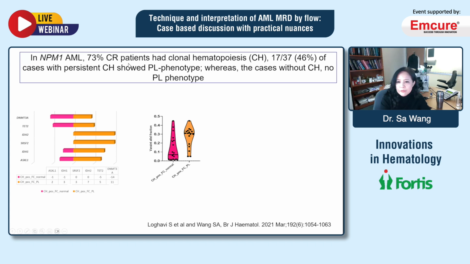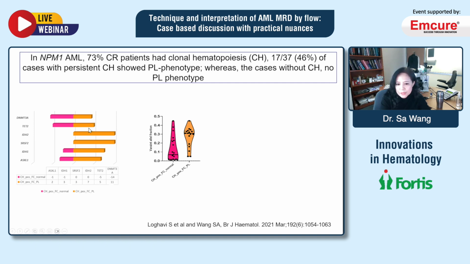When the patient achieved CR, we still had 73% of patients with persistent clonal hematopoiesis. That's by NGS, they still have mutations. Among these residual patients, almost half of them showed this abnormal immunophenotype by flow cytometry, which we call the pre-leukemic cell immunophenotype.